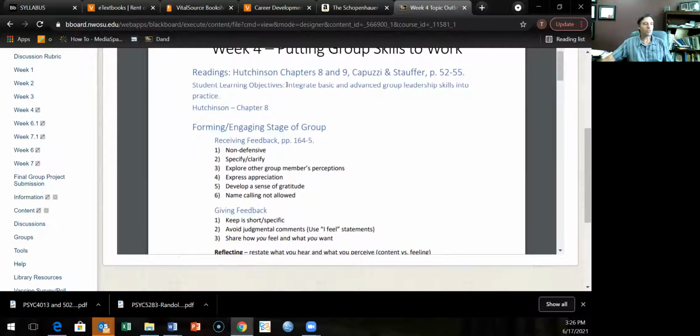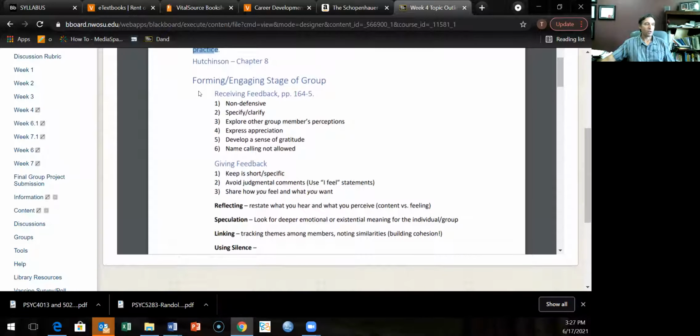So your objectives are to integrate basic and advanced group leadership skills into practice. That's what we'll work on. We'll practice that this weekend. Hutchison chapter 8 really looks at 8 and 9. Hutchison really breaks down your tasks as a group leader according to the stages of group.